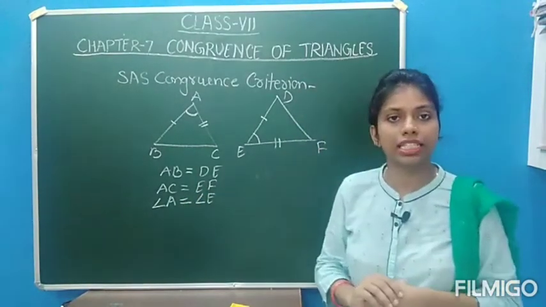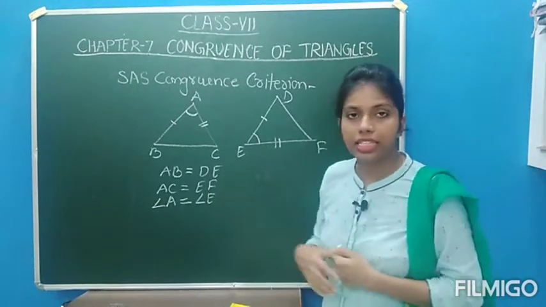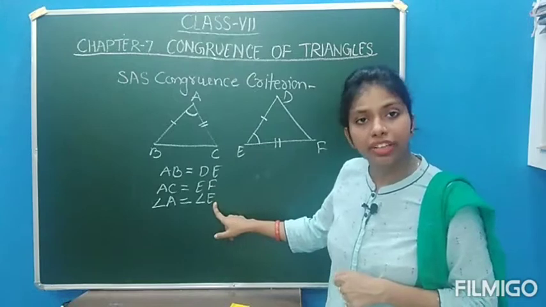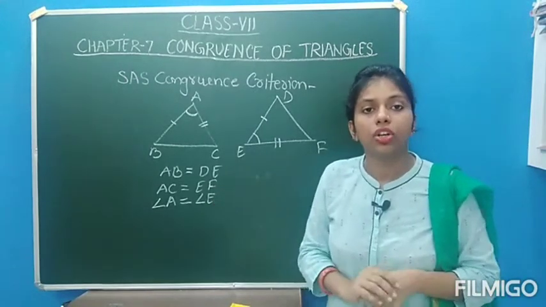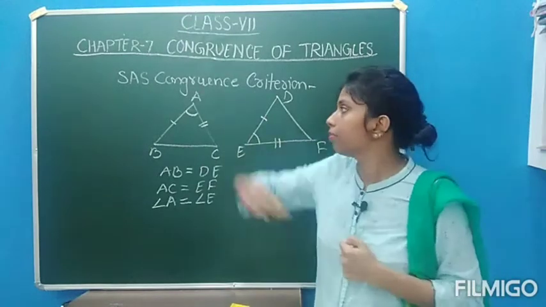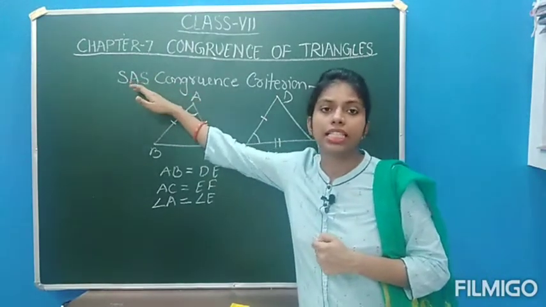Two sides and the angle between them are given equal to each other, so we can say that these two triangles are congruent by the criteria SAS.